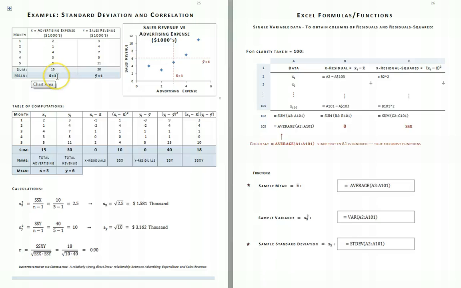Dividing that 15 by 5 months, there's an average monthly expenditure of $3,000 on advertising. For the sales revenue column, summing the sales revenue column says $30,000 was received in sales revenue over the 5 months, and dividing that $30,000 by 5, the average monthly sales revenue was $6,000.